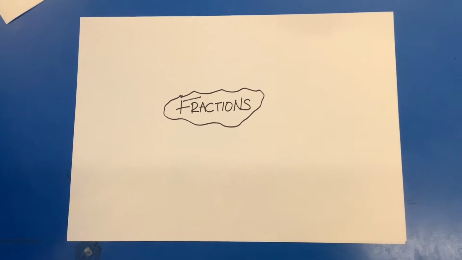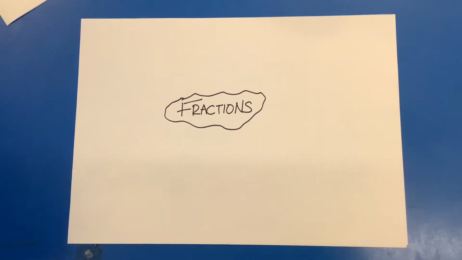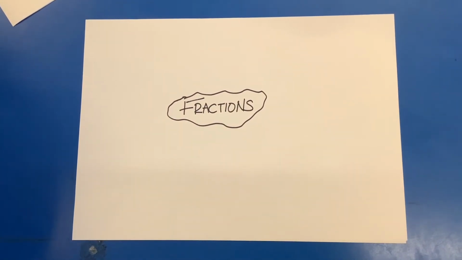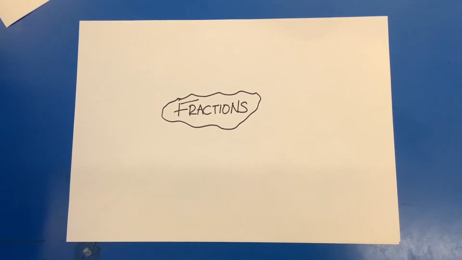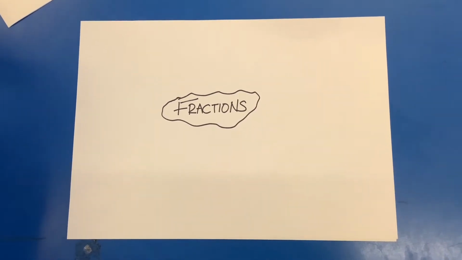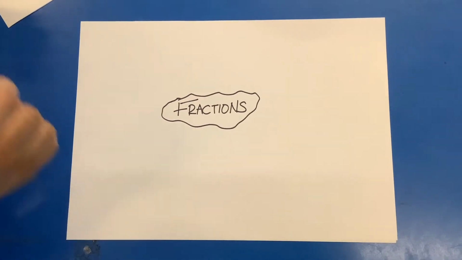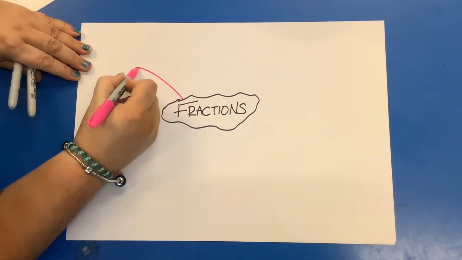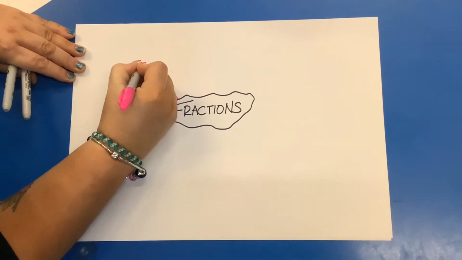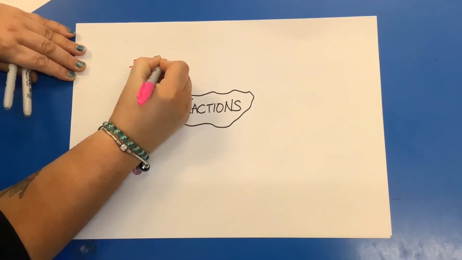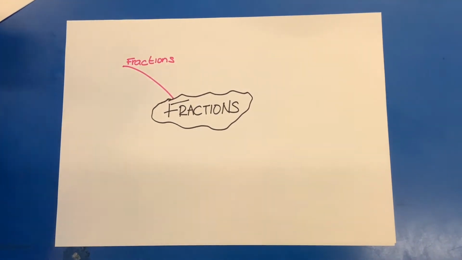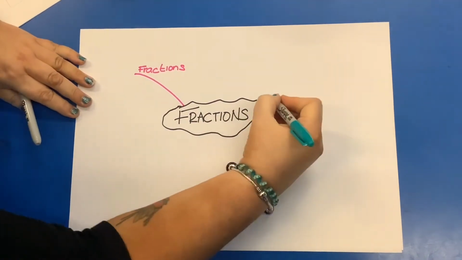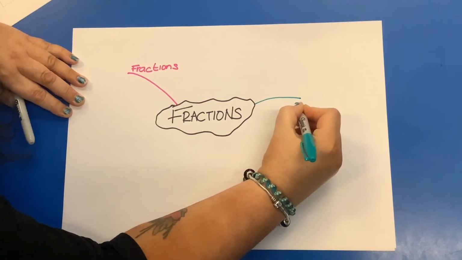Hello year 5, so here we are after half term with a new topic in maths, and our topic is fractions. So as always we're going to start with a mind map. So I think there are probably 3 headings for fractions. I know I've put fractions there, but over here I'm going to put some examples of fractions. And then I'm thinking whether we also have decimals.